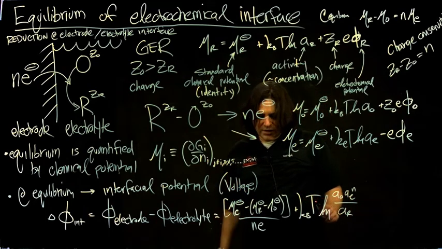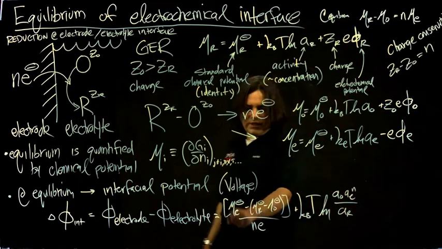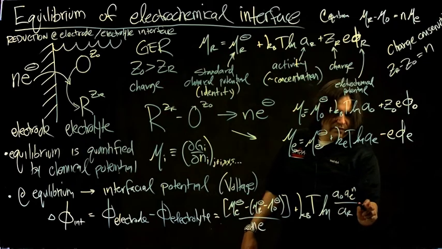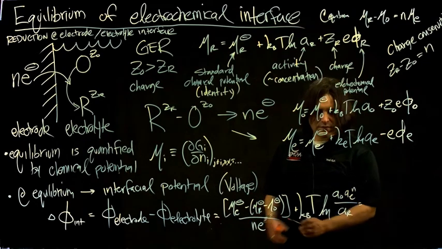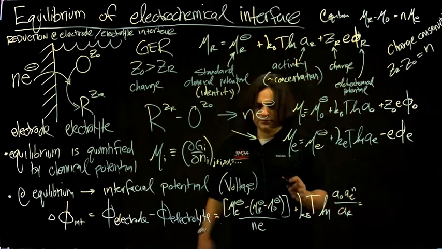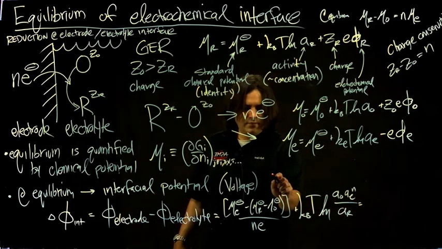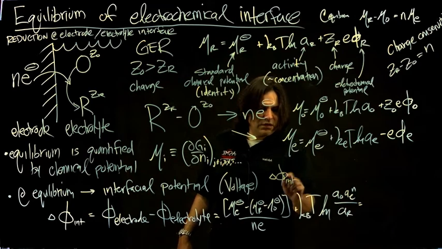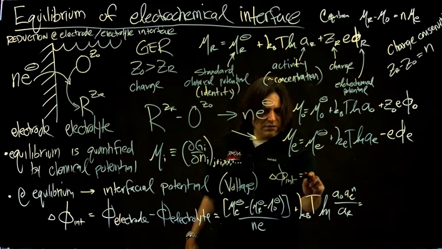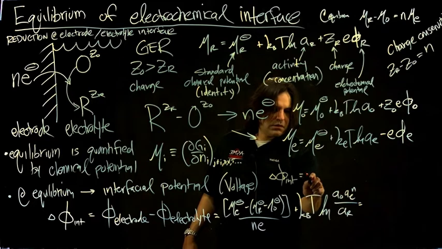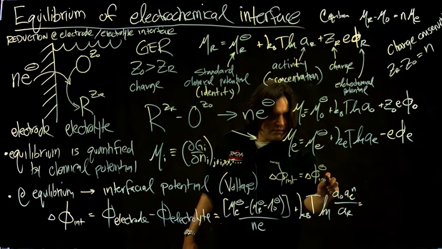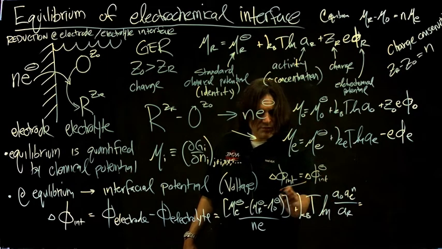And if we define this whole thing here as the standard, I'll write it here. At equilibrium, the interfacial electrochemical potential equals delta phi naught, which is this term.